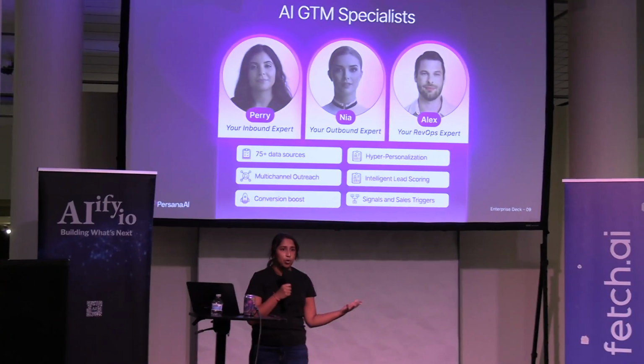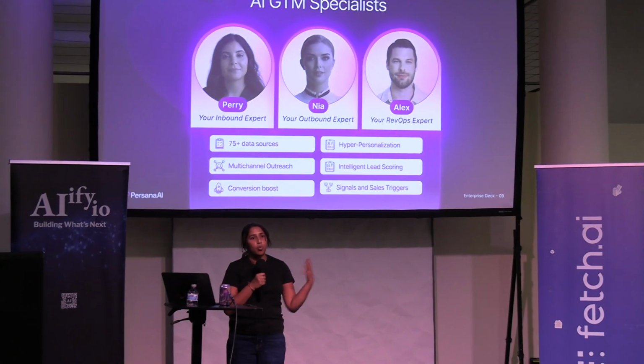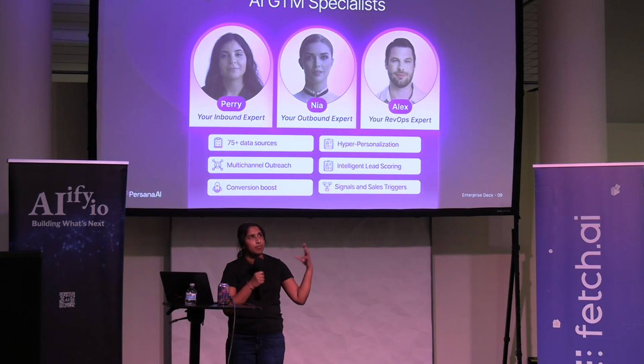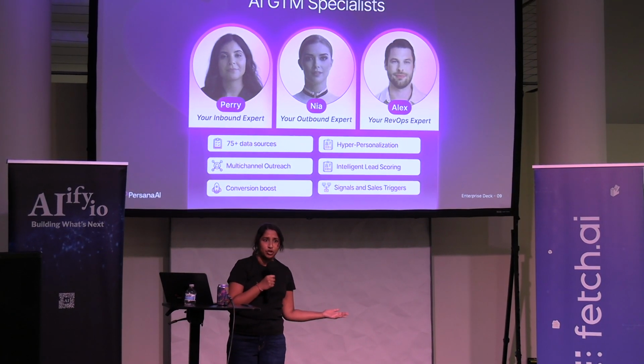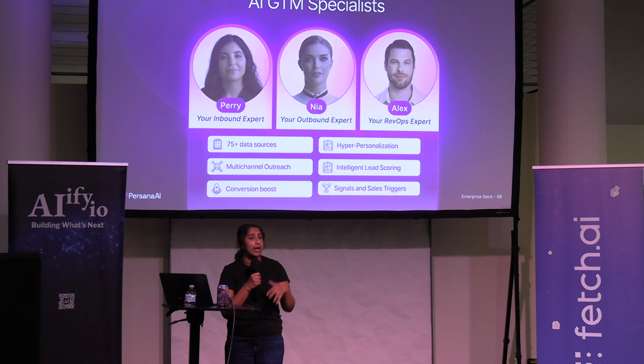So for example, Perry, our inbound expert, would take something like your website visitors, qualify them, generate a personalized email, add that to your CRM, and send the email, all autonomously and on autopilot. Your RevOps expert, Alex, constantly checks your CRM to make sure that if any of the execs in your CRM have changed jobs and things like that, it is keeping CRM hygiene up to high quality.